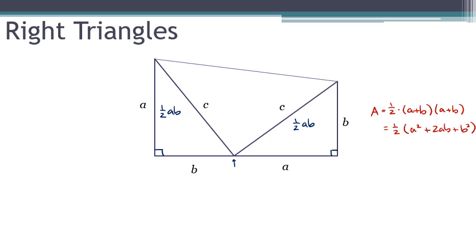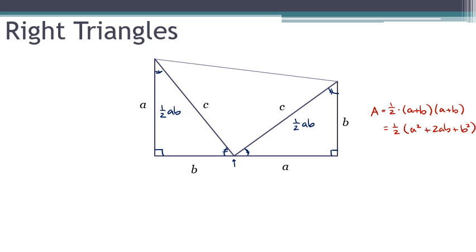Well, look. This angle here is the same as this one, and this angle here is the same as this one. Remember, the angles in a triangle add up to 180 degrees.